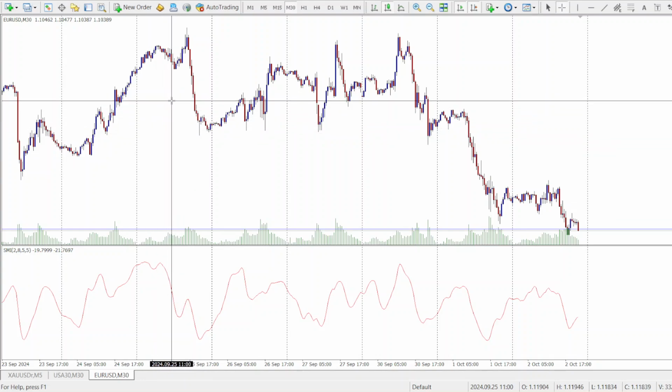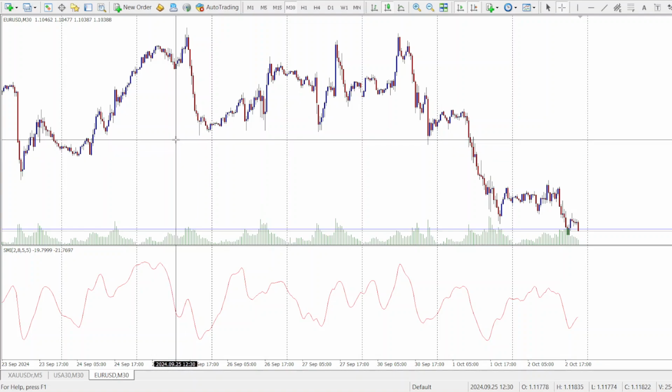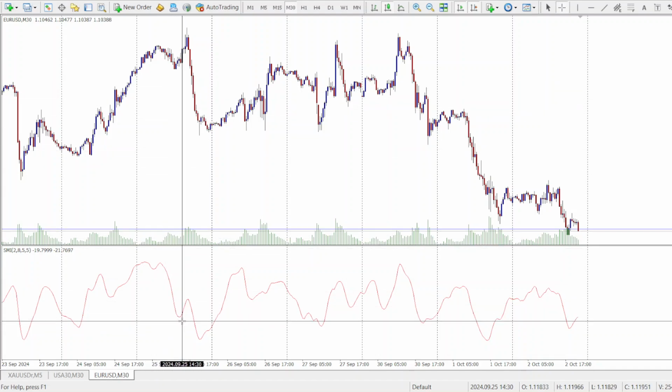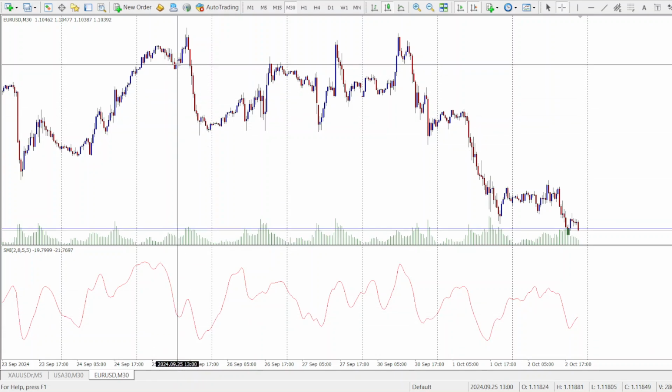Because you can also use support and resistance levels, you can also use other indicators for confirmations. But if we are using only the SMI indicator, we would be looking out for an opposing curve, which will cause us to close our sell trade somewhere around here, okay?